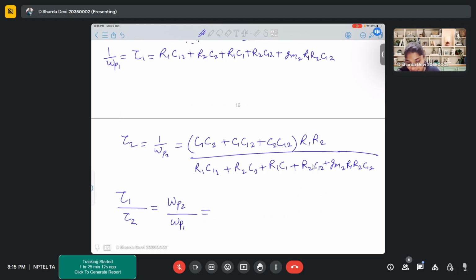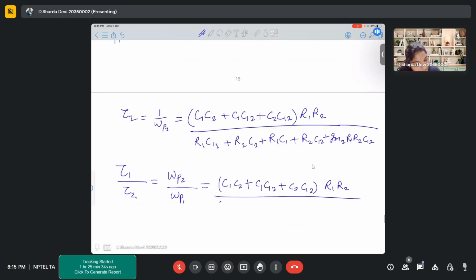So this will give us (C1 C2 plus C1 C12 plus C2 C12) into R1 R2 by tau 1 whole square.